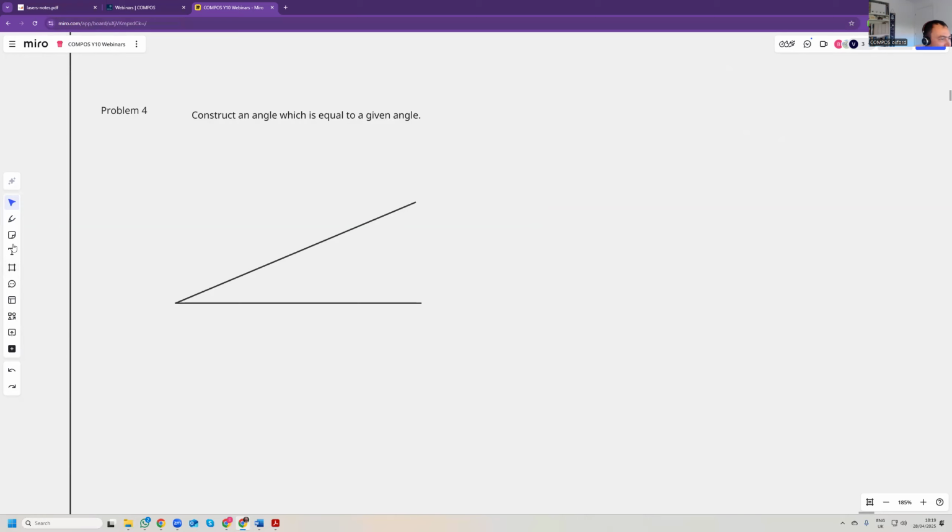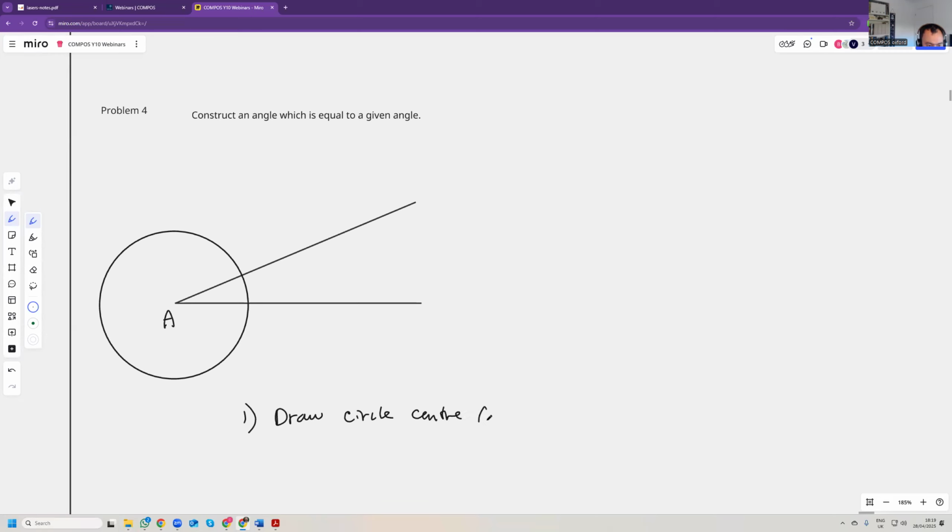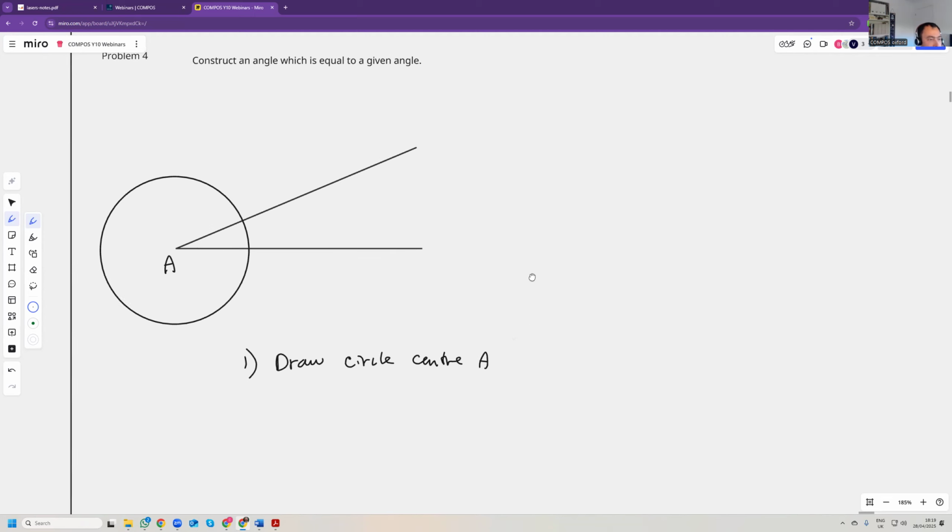It's not that hard, and all you need to do is draw a circle with center at A. So first draw a circle, center A. The radius does not matter.